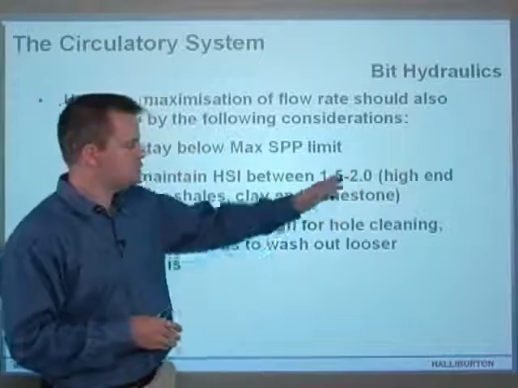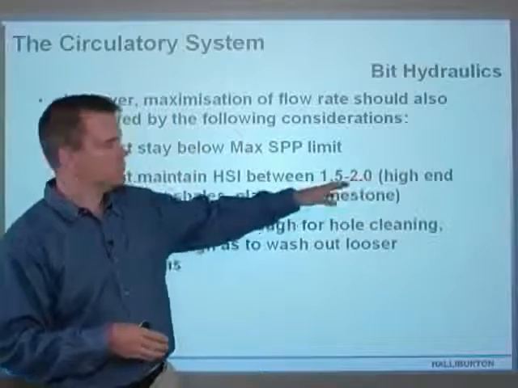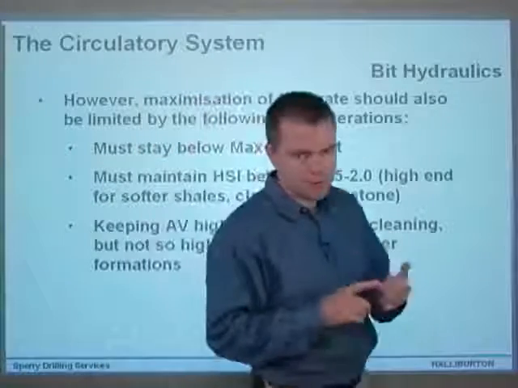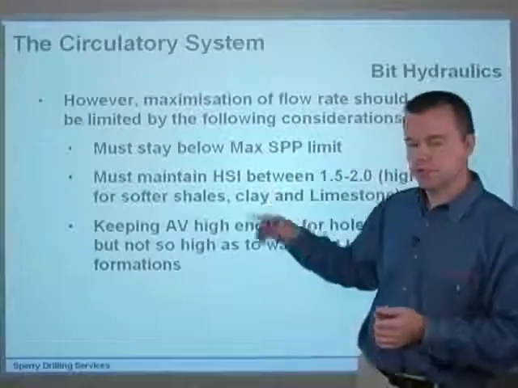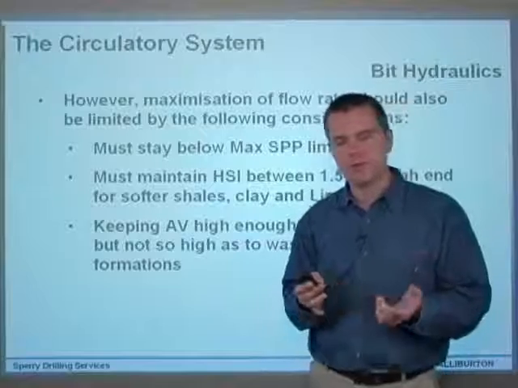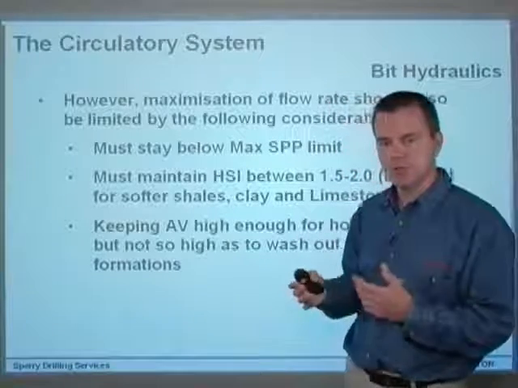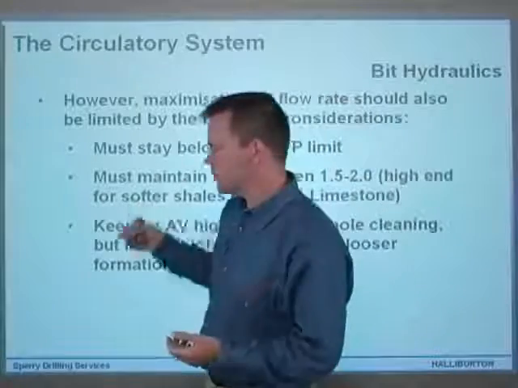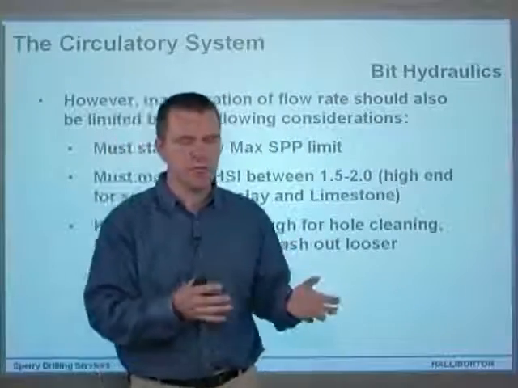The high ends are for softer shales and clays and limestones as well. But you've also got to, as well as doing these two things, keep your annular velocity high enough for hole cleaning, but not so high as to wash out the looser formations. So you've got three different things there, and you've got to find a balance between them.